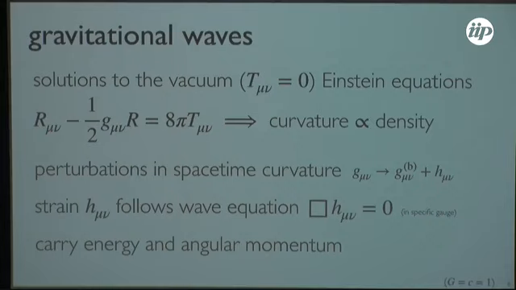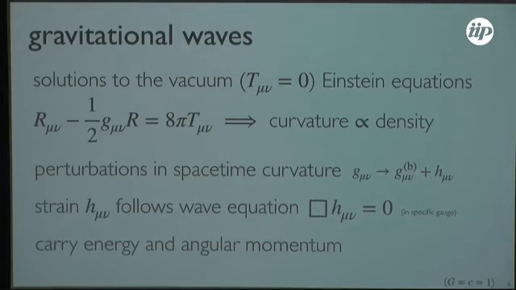Again, Mario will go over the meaning of this, but basically what I want you to get out of this is the message: the curvature of space-time is proportional to the energy density, and then you can have self-propagating solutions to these equations, just like you have self-propagating solutions to Maxwell's equations in vacuum, which give you light. In the case of gravitation, we're talking about perturbations, not of the electromagnetic field, but of the gravitational field, or of the curvature of space-time.